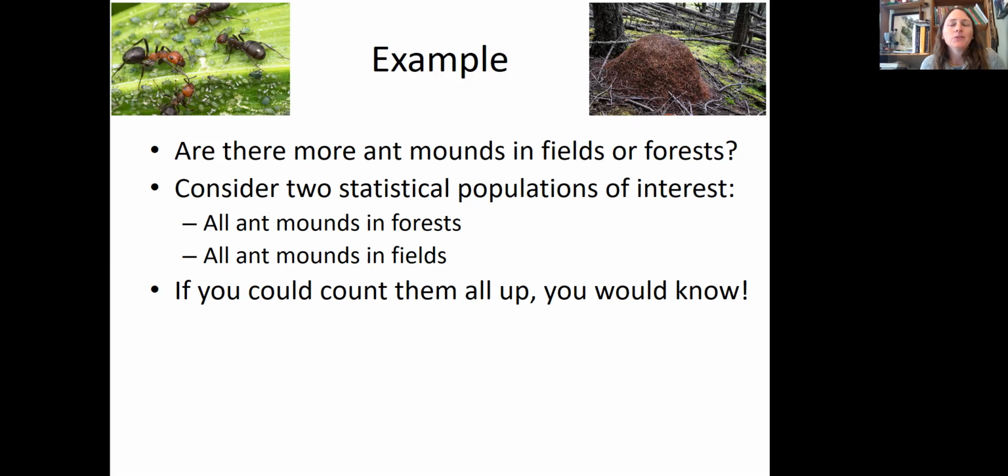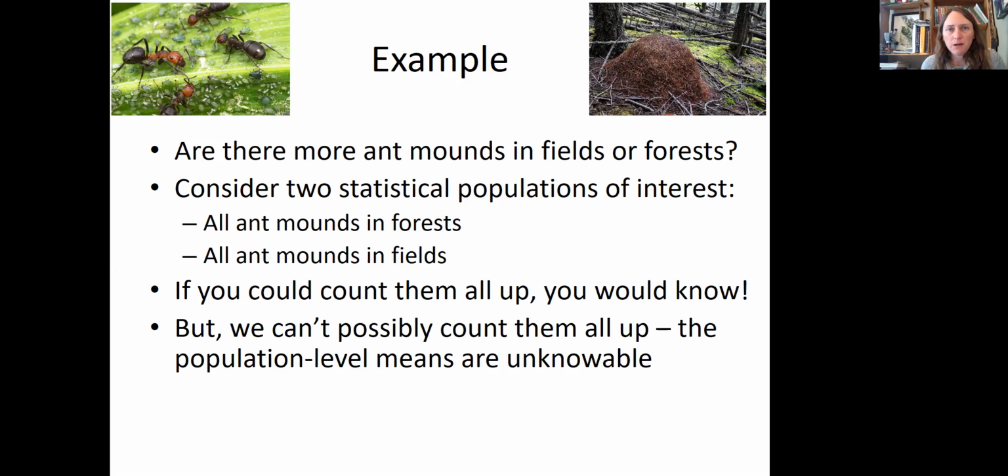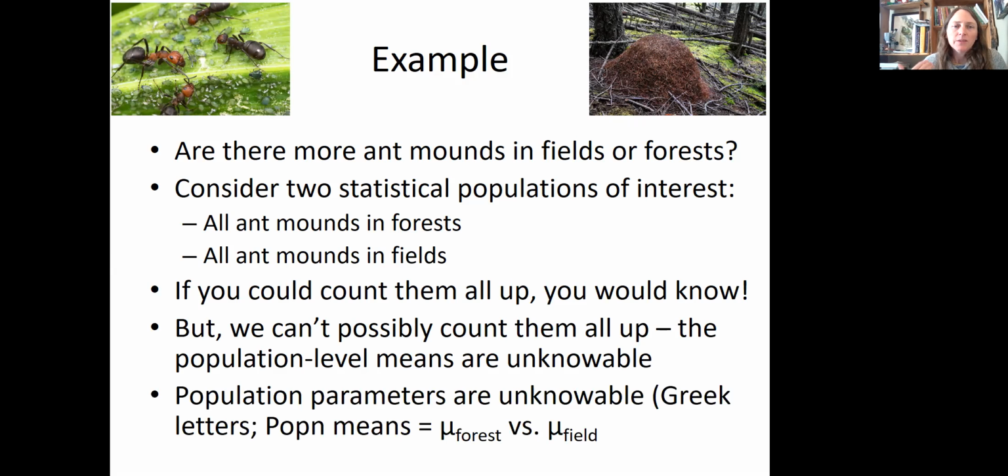There's no way we could possibly go out and count up all of the ant mounds in the world. So again, this population level number of ant mounds per area, the mean, is unknowable. And so these population level parameters, like the mean number of ant mounds in forests versus the mean in fields, are also unknowable. And remember, we use Greek letters to denote population level parameters. So the population means would be mu for the forest versus mu for the field.